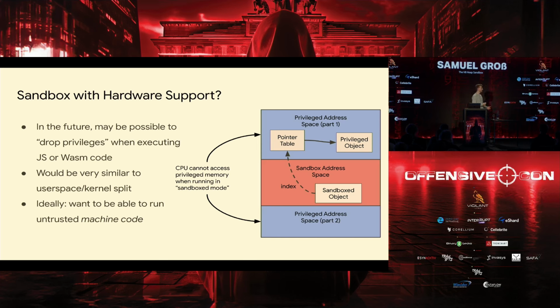What that means is that as soon as you execute JavaScript or WebAssembly code, you somehow drop privileges. You execute some instruction that puts the CPU in a low-privilege mode, and at that point, it can no longer access any other memory. It's confined to the sandbox address space, and then it would be even more similar to this user space and kernel split, where the CPU runs at different privilege levels.